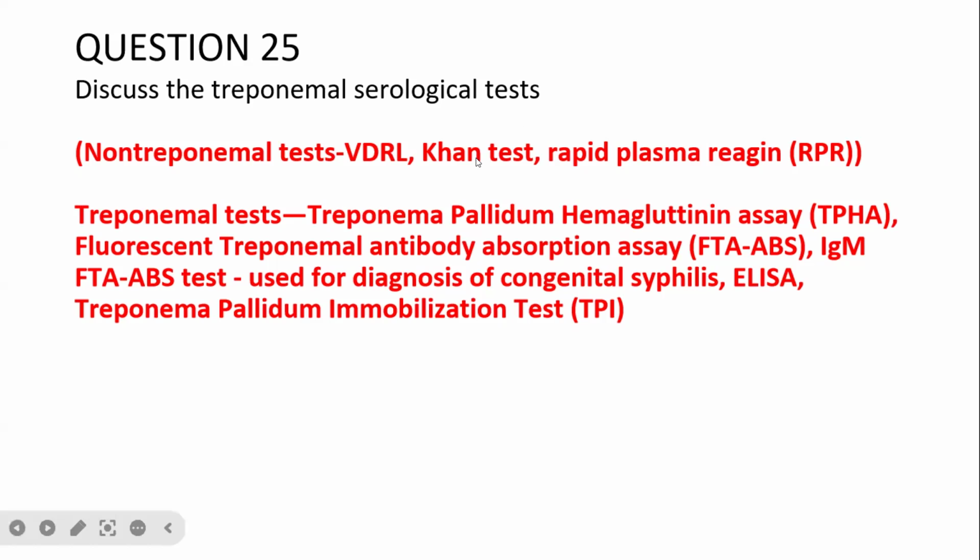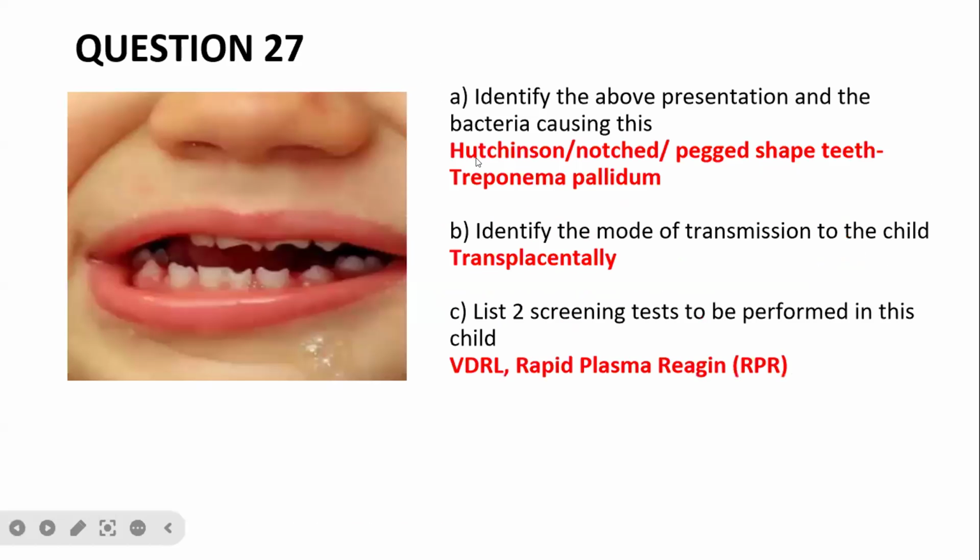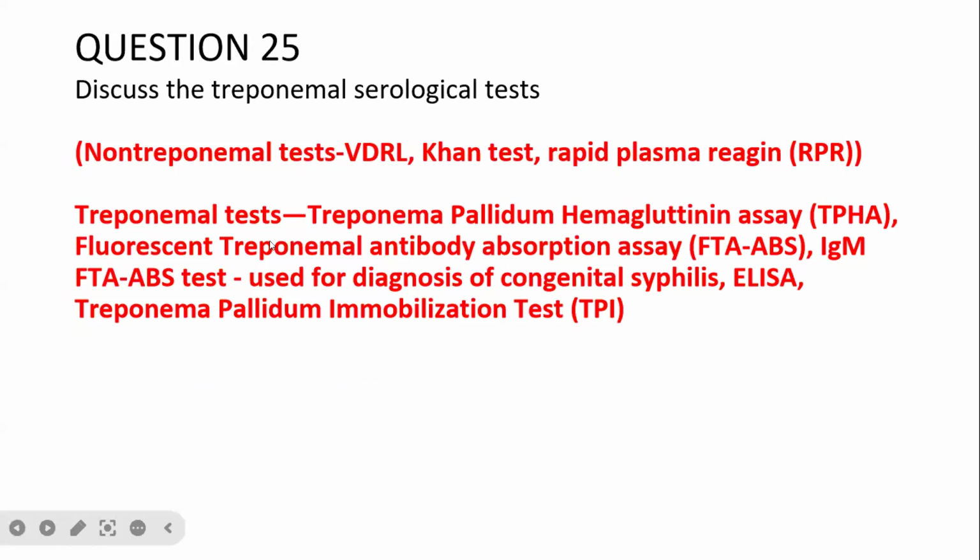Okay, now I hope that's clear. So please, you have to know these. Then I used here the word screening. So you see these tests, they are treponemal tests and they're very specific. We don't use them for screening. For screening, we do the non-treponemal tests. But for a definitive diagnosis, we use treponemal tests.